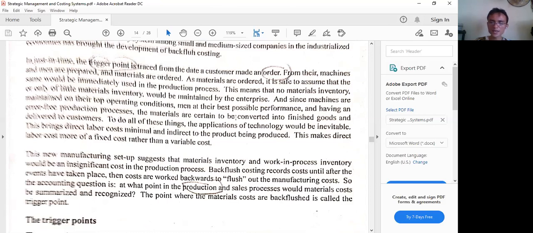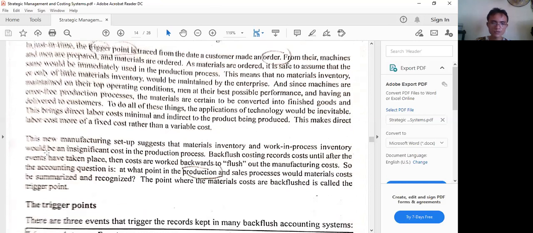Now, how do we cost this philosophy? We have to use backflush costing. The new manufacturing setup suggests that materials inventory and work in process inventory would be an insignificant cost in the production process, right? Because we don't have to maintain our materials. Our suppliers will be maintaining them.